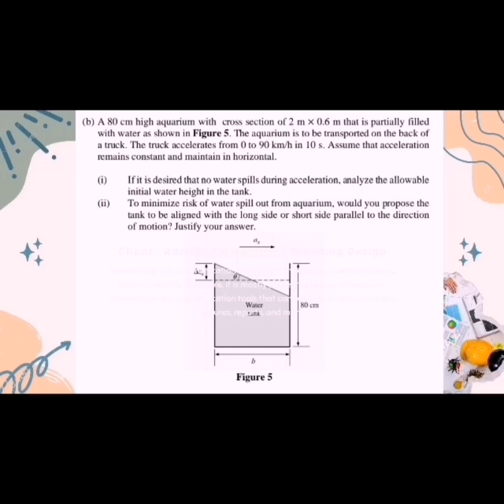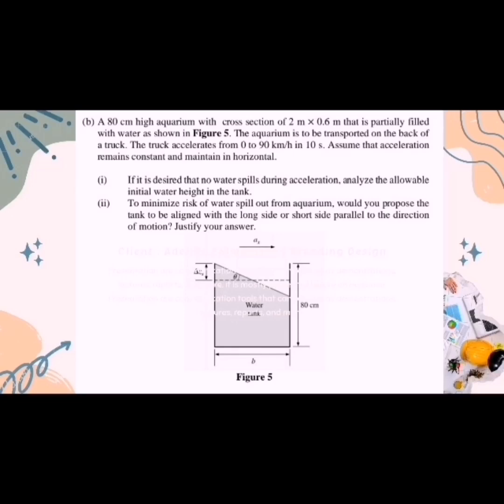Question 2b(i): if it is desired that no water spills during acceleration, analyze the allowable initial water height in the tank. For 2b(ii), to minimize the risk of water spilling out from the aquarium, would you propose the tank to be aligned with the long side or short side parallel to the direction of motion? Justify your answer.